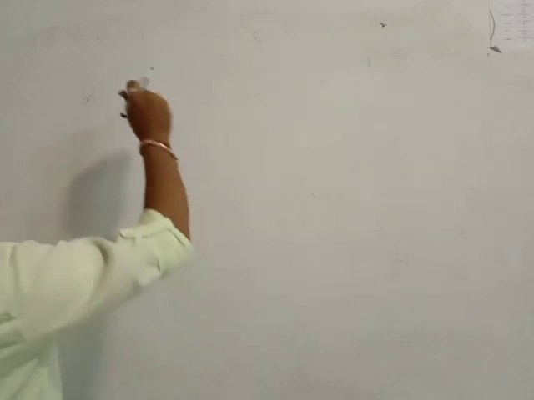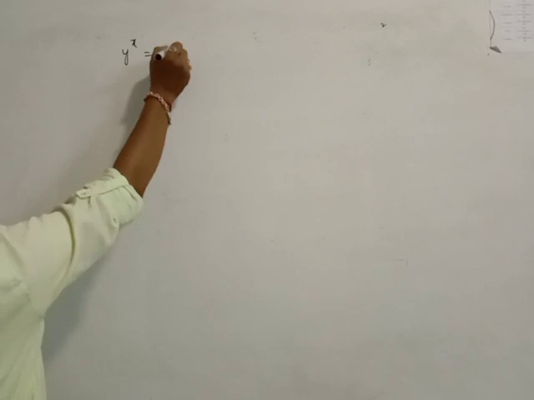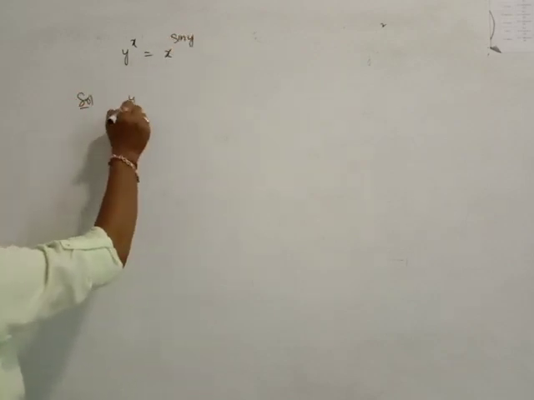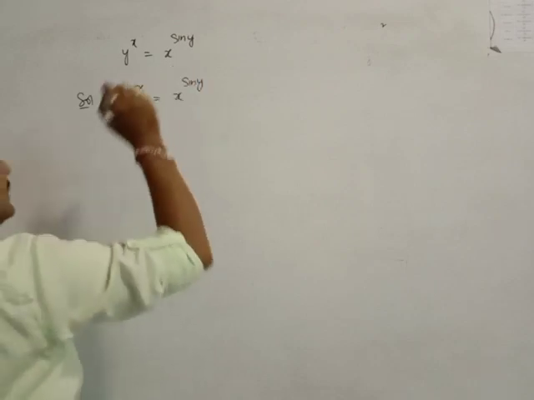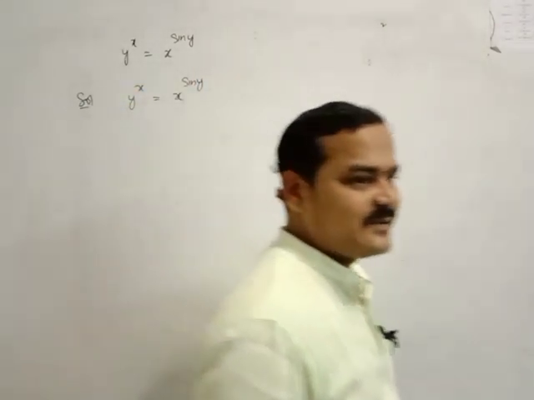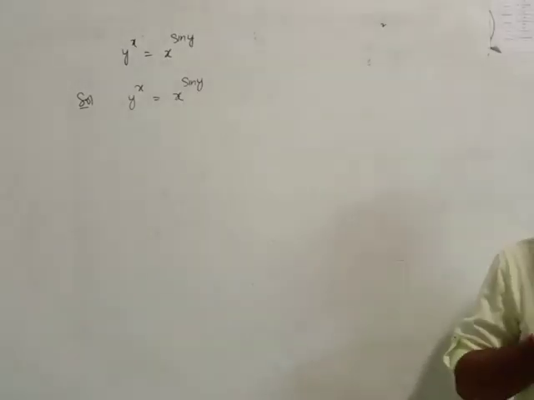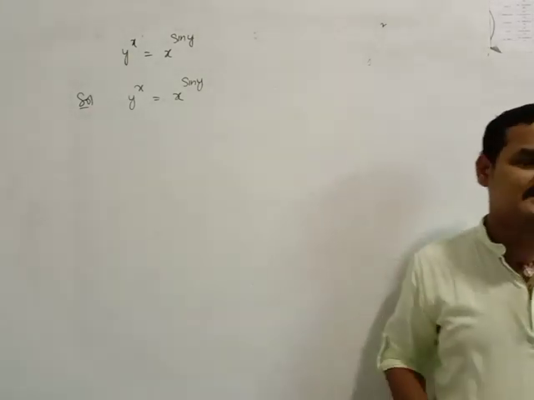See, now the question is given: y power of x is equal to x to the power of sin y. Solution, what is the question given? y power of x is equal to x to the power of sin y. If the function is of the function to the power of function type, then you must go for logarithmic differentiation.